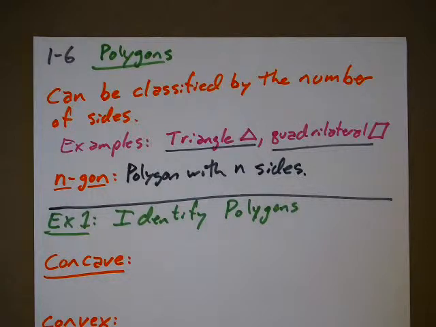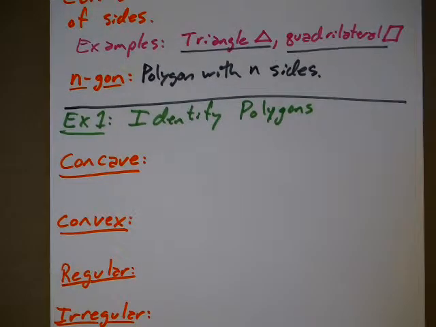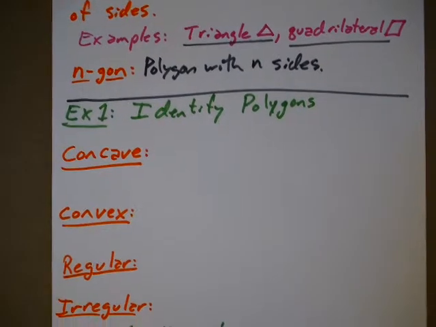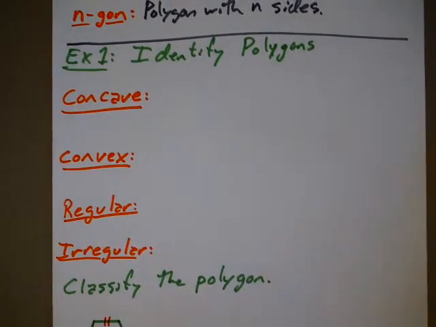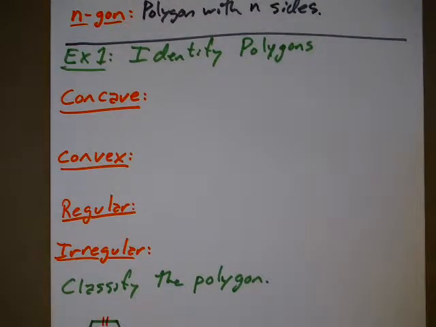The other way that we can talk about identifying polygons, there are 2 main categories. Something is either concave or convex, or it is regular or irregular. So we're going to talk a little about what it means to be concave and convex.